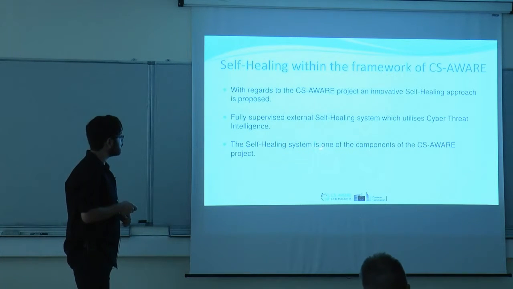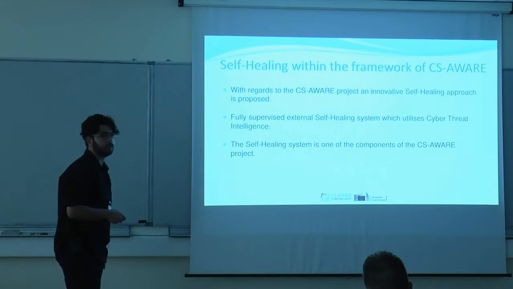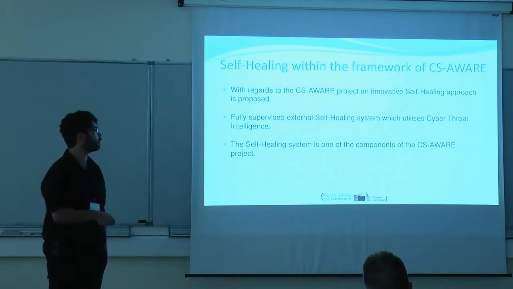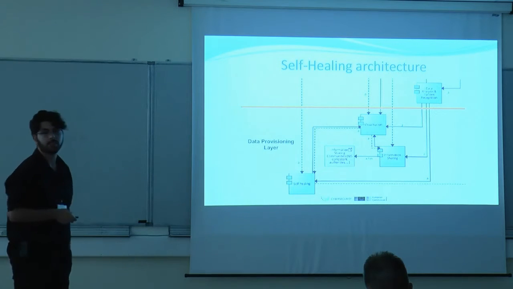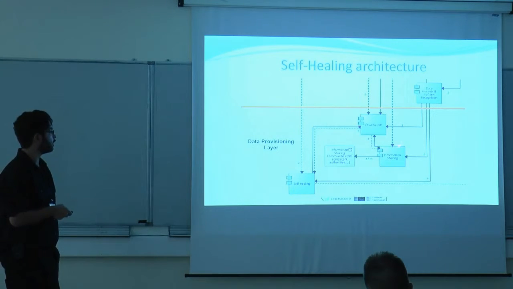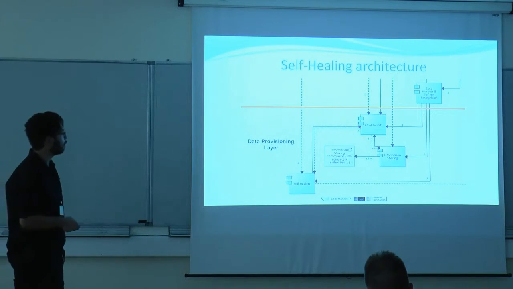The self-healing system is one of the components of the CS-Aware project. It's not the only one, as we can see here. Here are some other components which are associated with the self-healing: the information sharing component, the visualization component, and the data analysis component.